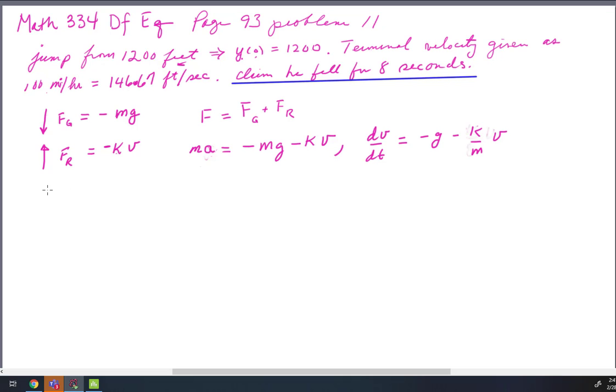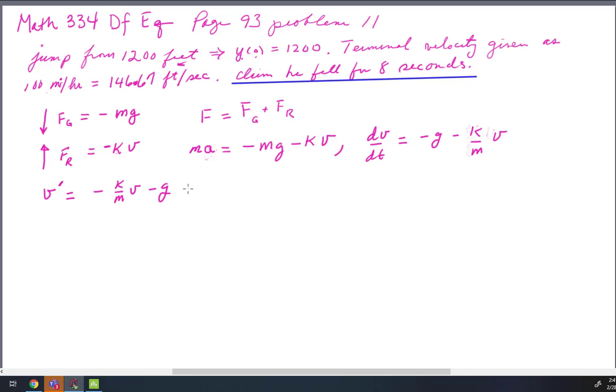Now we can rewrite that just because it would maybe make it easier to visualize what's going on here. So this would be v prime is equal to minus k over m v minus g.